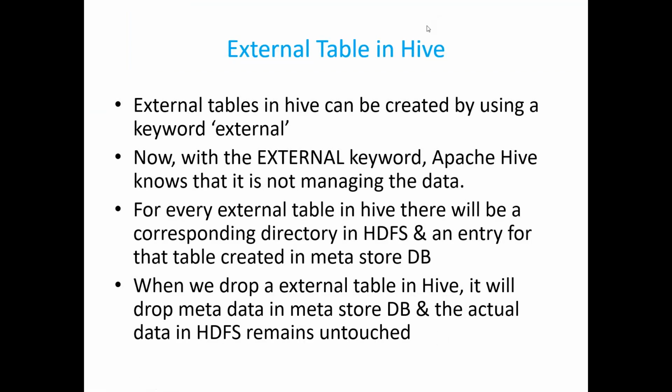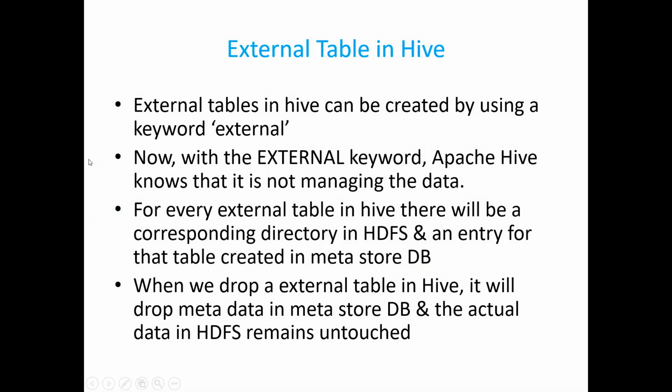So we can create external tables in Hive just by using the external keyword. Whenever you create an external table in Hive, it creates a corresponding directory in HDFS as well as an entry in the metastore DB. That's what we have seen, right?